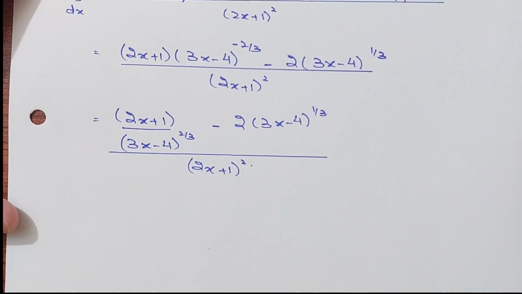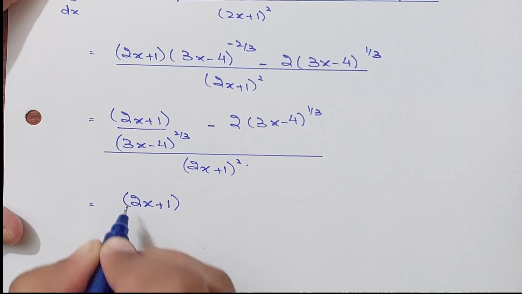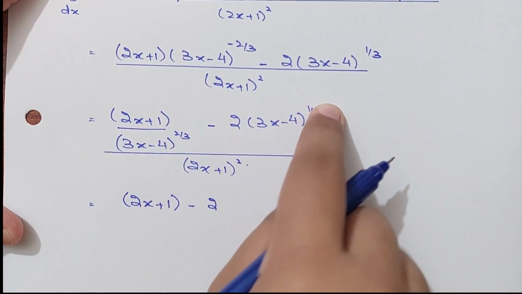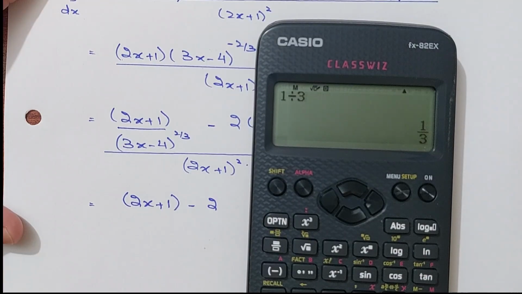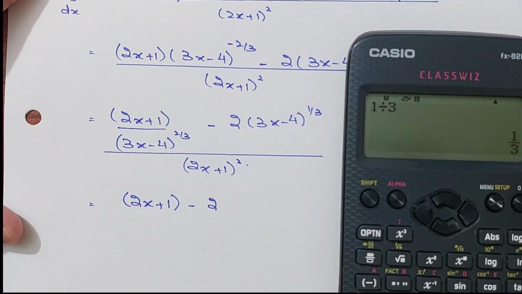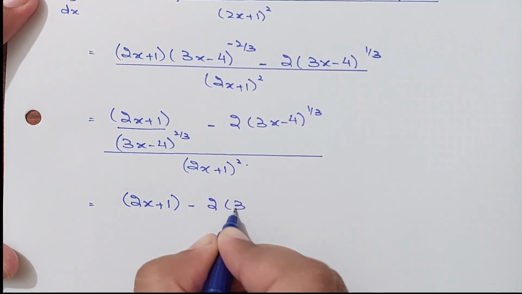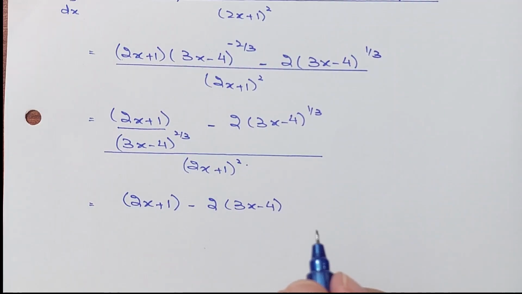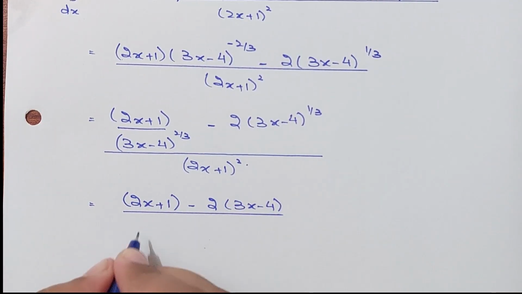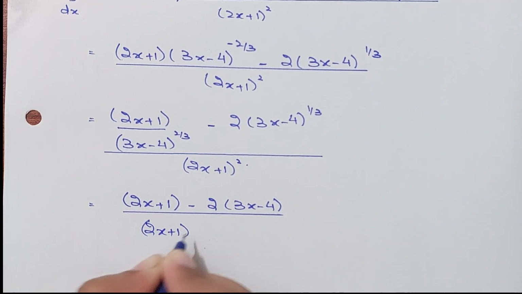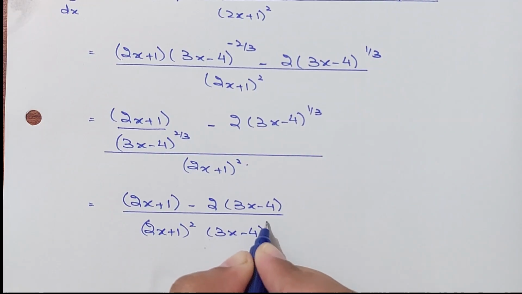Right, now let me take an LCM. So we have 2x plus 1 minus 2. Okay, so 1 by 3, adding the power 2 by 3 is just 1. So 3x minus 4. And this whole divided by 2x plus 1 whole square as it is, and this term, 3x minus 4, power is 2 by 3.